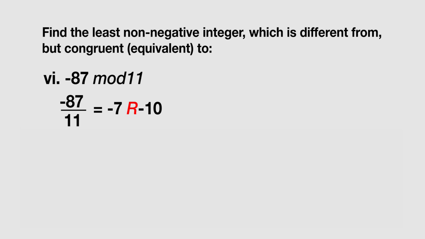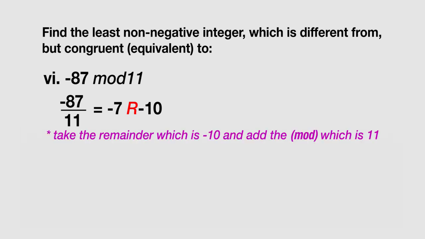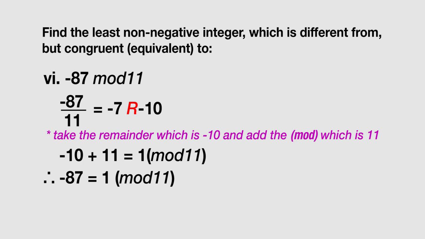That gives us negative 7, remainder negative 10. What do we do next? We take the negative 10 and add the mod, which is 11. Negative 10 plus 11 gives us 1 mod 11. And therefore, we say negative 87 is equal to 1 mod 11.